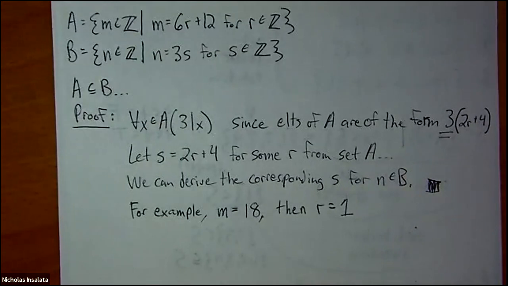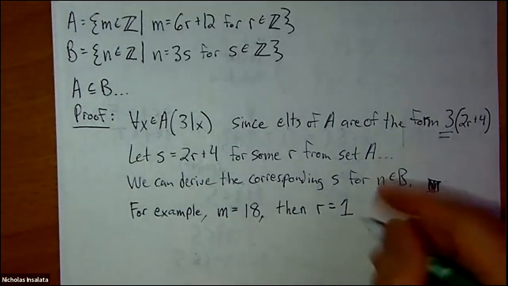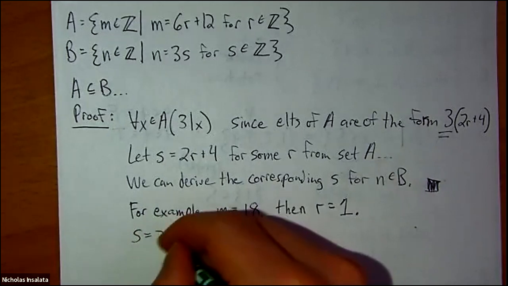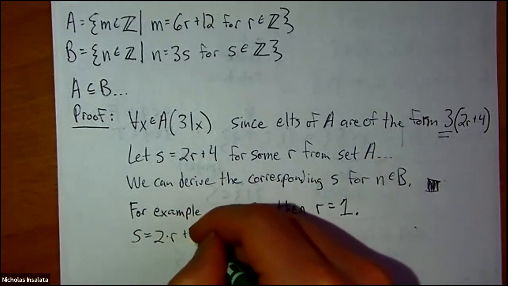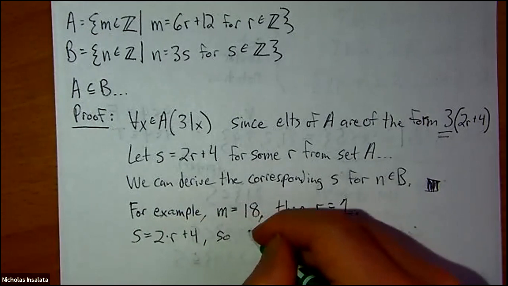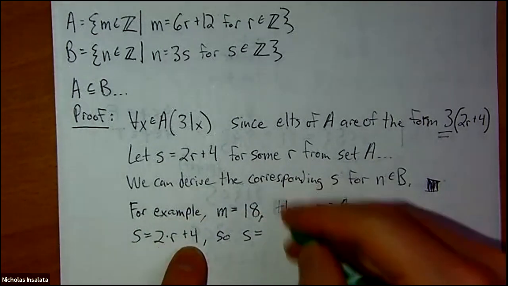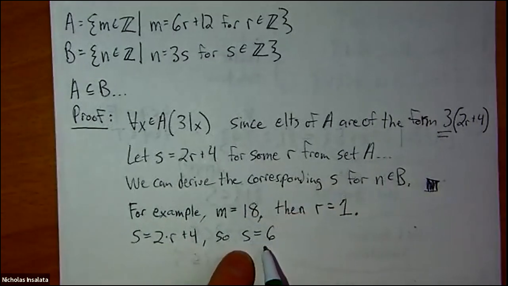And from that, we can find out what s is supposed to be, right? Well, s is supposed to equal 2 times r plus 4. So s equals 2 times 1 plus 4. S would equal 6, which is actually correct, right?